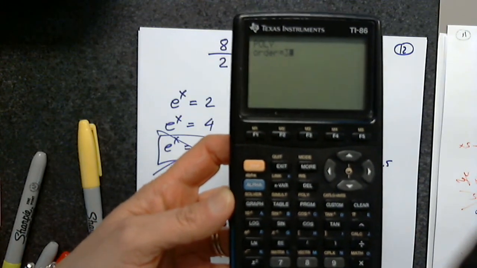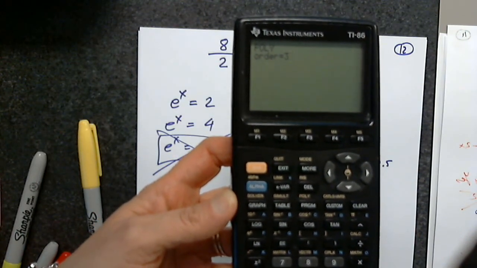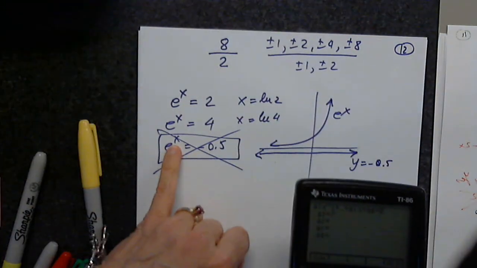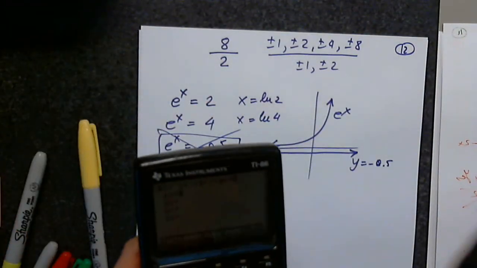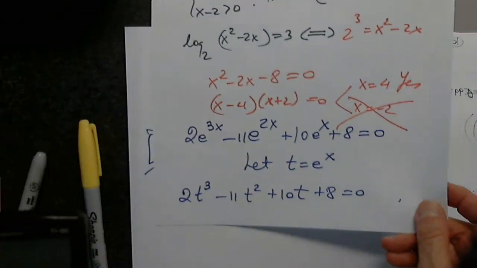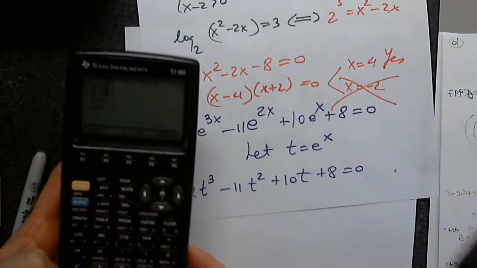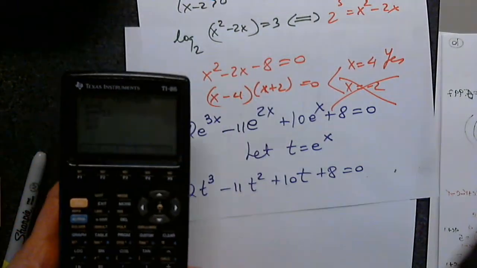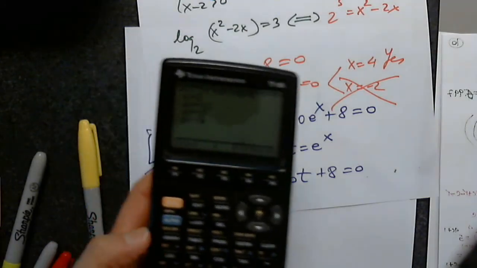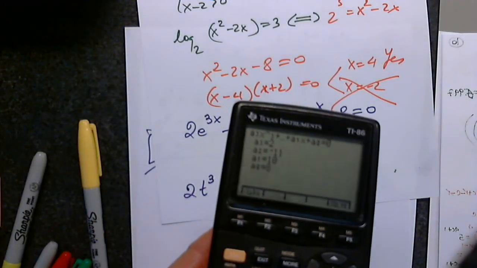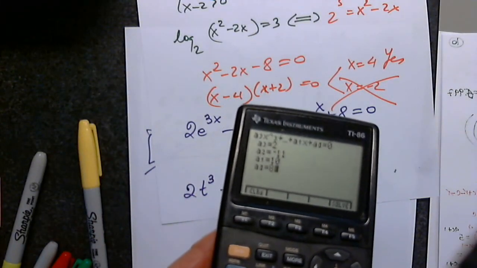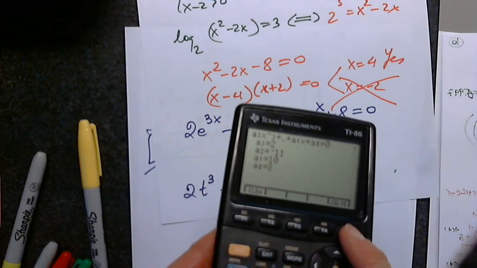And it's degree 3. And I put in the coefficients. So the coefficients were 2, -11, 10, and 8. Once I put in the coefficients, then I press this button that says solve.